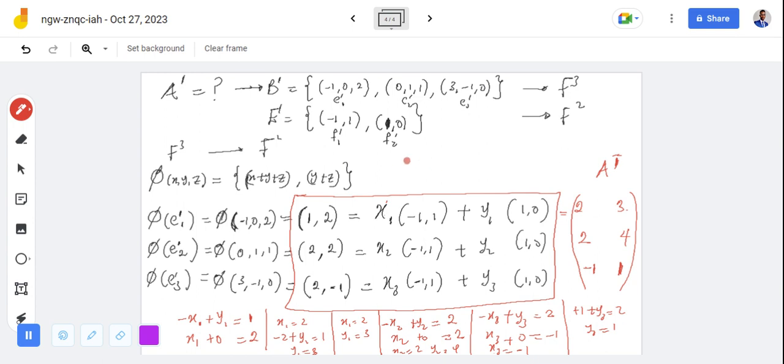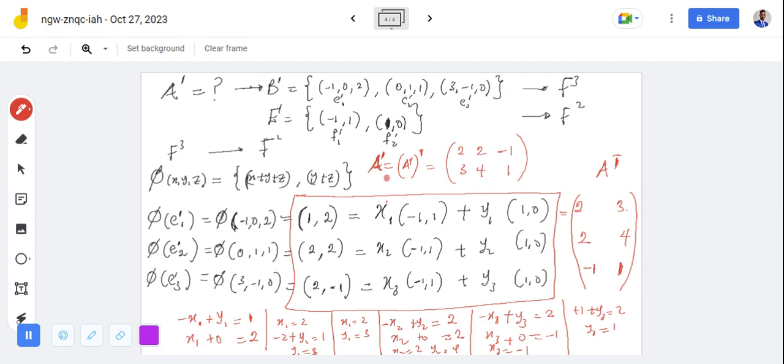Don't mind me, let me just put it somewhere here. My A now is equal to the transpose of the A transpose. So I'll turn all this vertical to horizontal. This first column becomes my first row, and this second column becomes my second row. So this is my matrix, I think this is not A. This is A prime that I'm looking for.